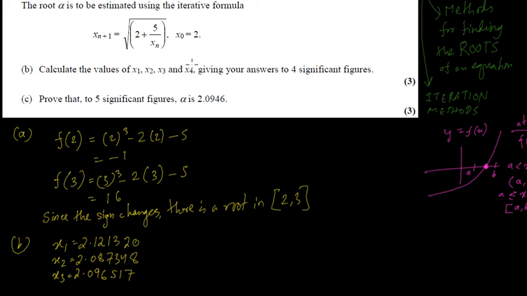Now one thing you have to notice, gradually we are getting 2 point something, 2.08, it's getting closer and closer, and you see it is between 2 and 3, and we are step by step getting a more accurate answer. Now you might ask the question, when do we stop? When do you know how accurate it is? Well, most of the time they will tell you they want x4 or something, but if they do not mention x1, x2, x3, x4 and they just tell you find the root, you just stop when 2 values match.